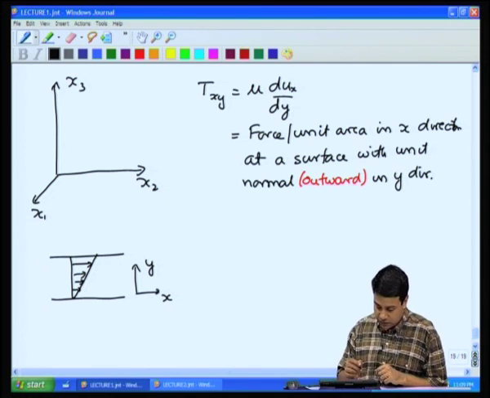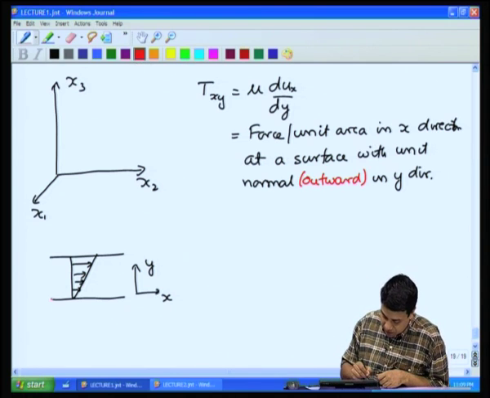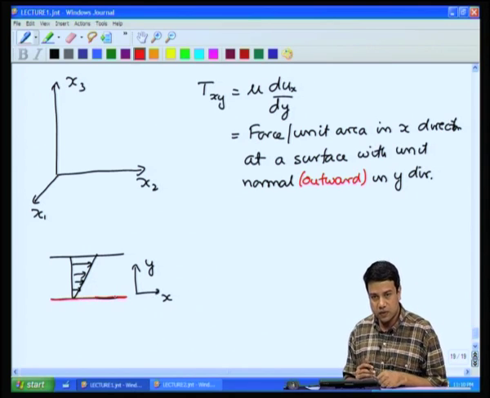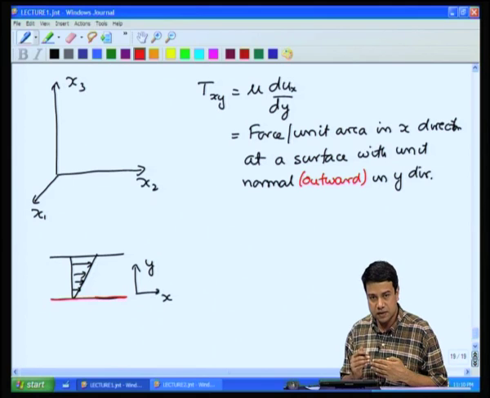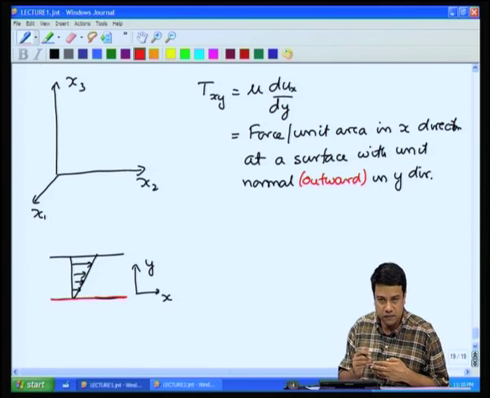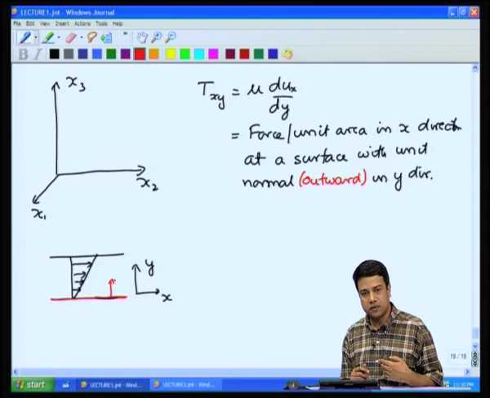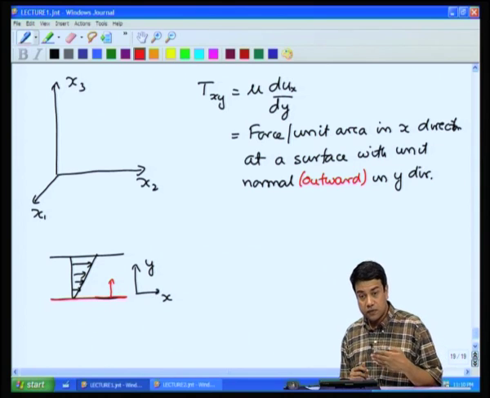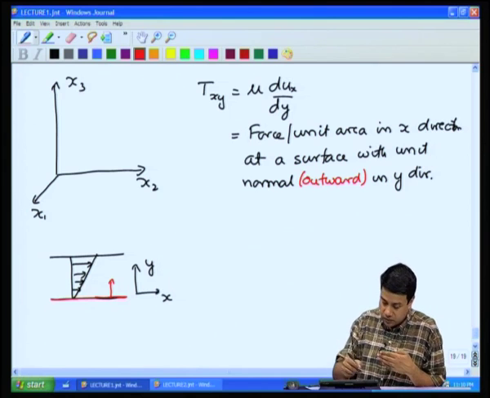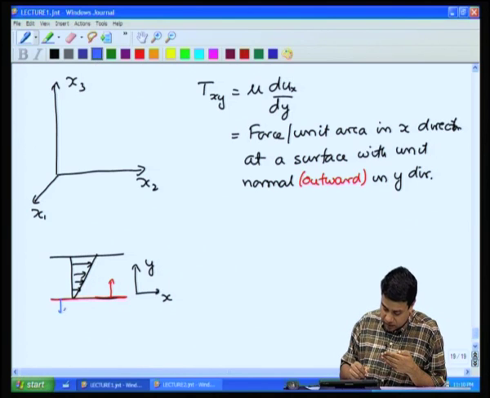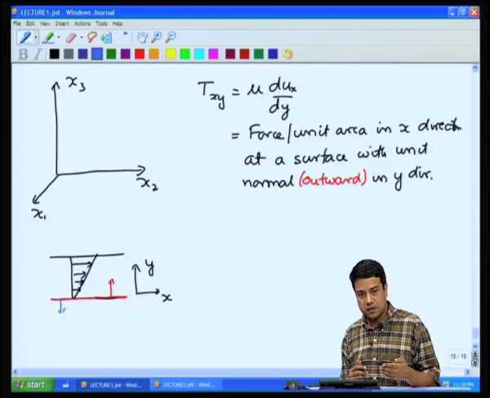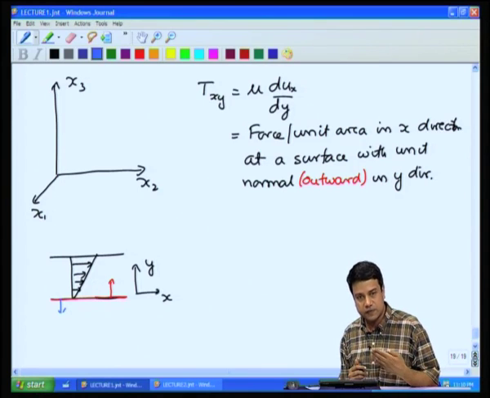So, for example, the force exerted on this bottom plate: for this bottom surface, the outward unit normal is the one that faces into the fluid, so it is upward. For the fluid volume itself, the outward unit normal is downwards. So, the force exerted by the fluid on the surface is opposite to the force exerted by the surface on the fluid.